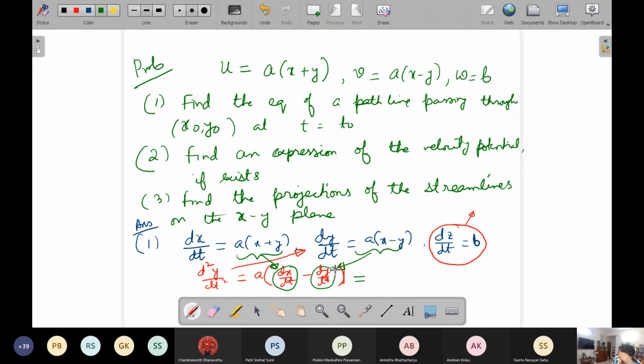So if you subtract these two, A into x gets eliminated, and you will get A into y minus of minus A into y. So ultimately it is 2 into A into y into another A, which was there in the front. So d2y dt2 is equal to 2A square y.